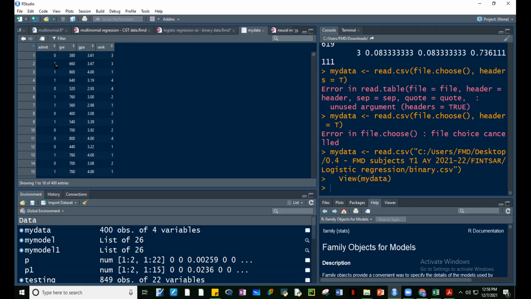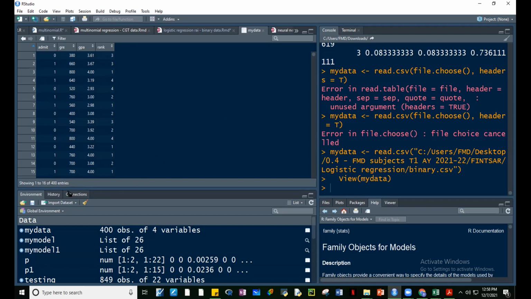Student number 2 was admitted, so that's 1. So 0 and 1 here is binary. There are only 2 possible values for admit, either 0, which means the student was rejected, or 1, the student was accepted. And then here we have the GRE rating, the GPA of the student, and also the rank of the school where the student came from.